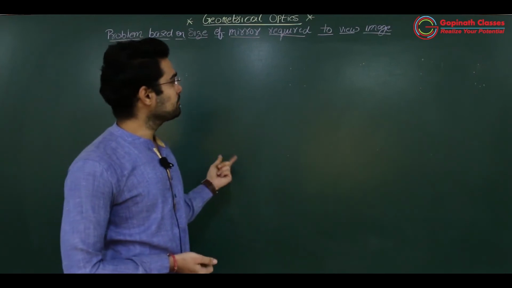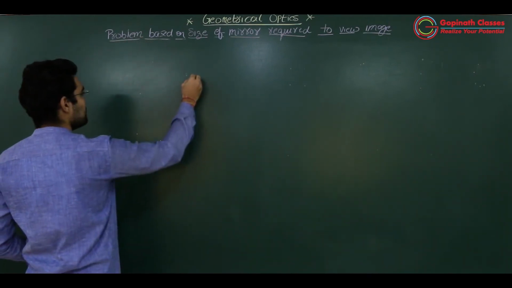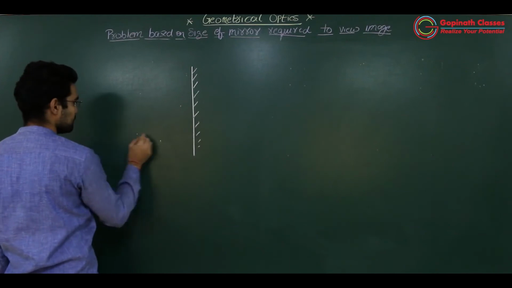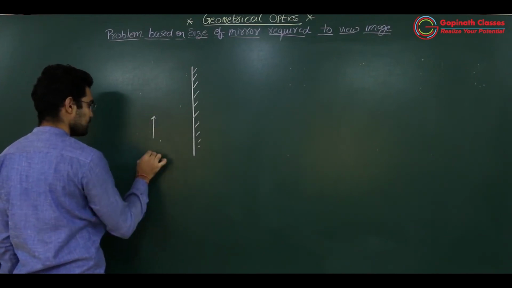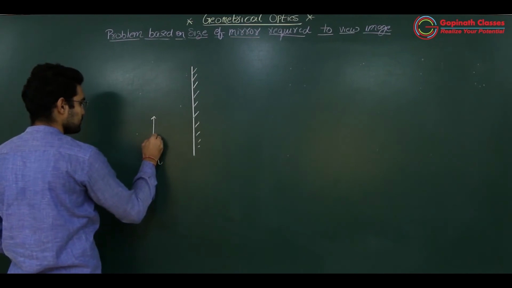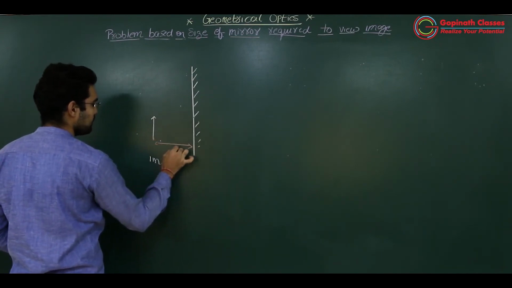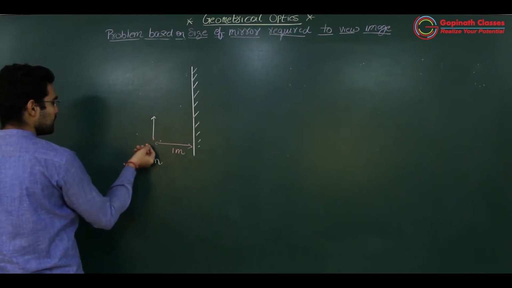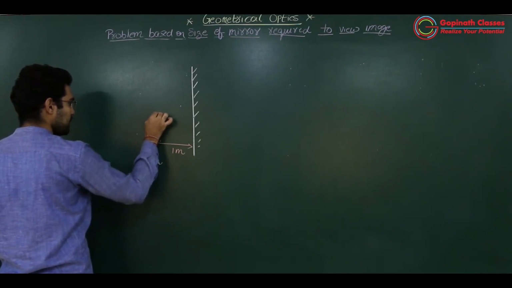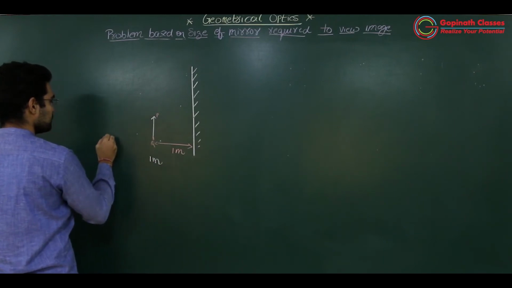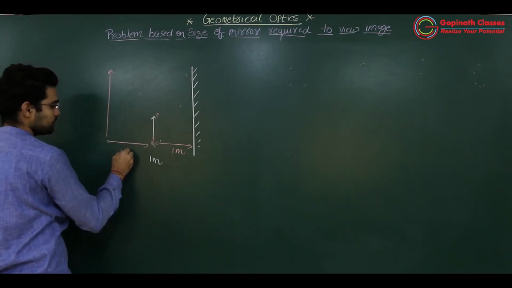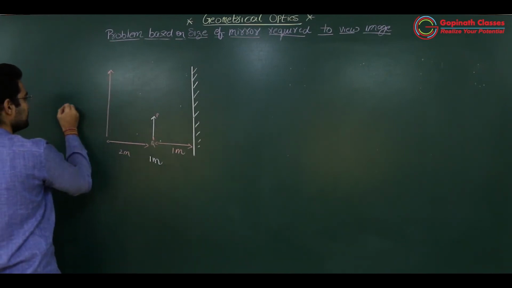Then we have to calculate the size of mirror. Consider an object of height 1 meter and it is away from plane mirror 1 meter. अब मैं क्या कर रहा हूँ, I am just considering another object, I am just naming this object as PQ, and I am considering one other object, 2 meter from this, 3 meter from plane mirror, and height of this object is 7 meter.